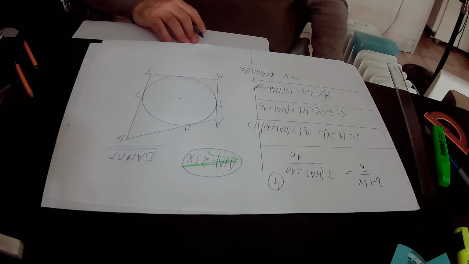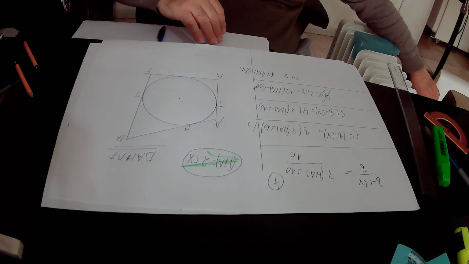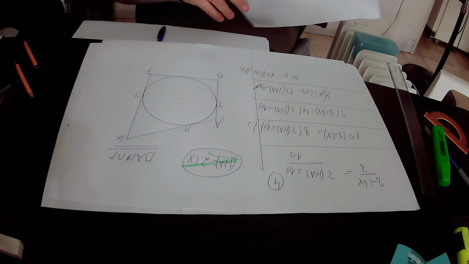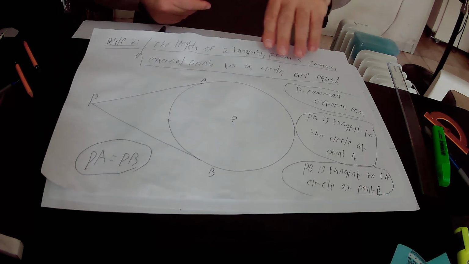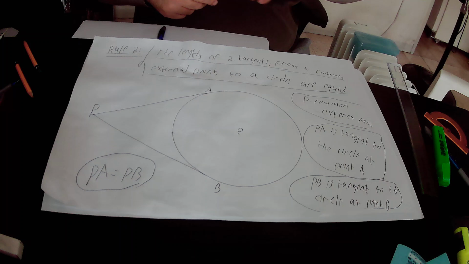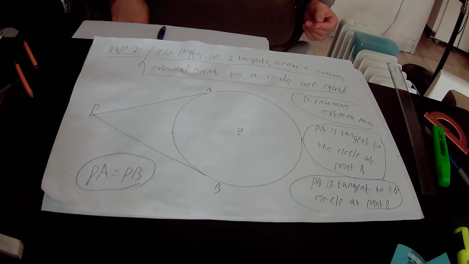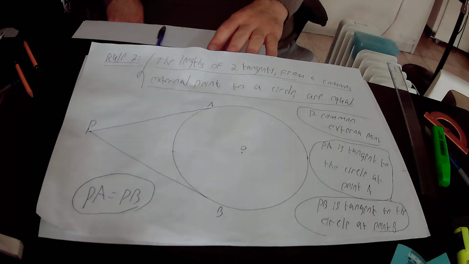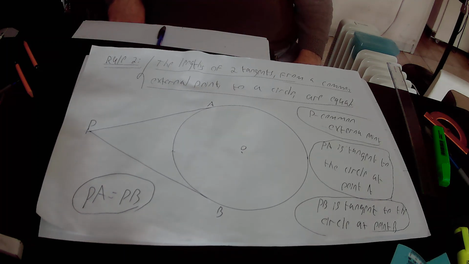We can actually implement rule number 2 in our drawing. I will remind you quickly what rule 2 is. According to rule 2, the lengths of two tangents from a common external point to a circle are equal.